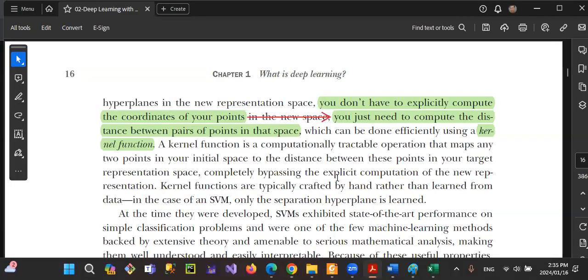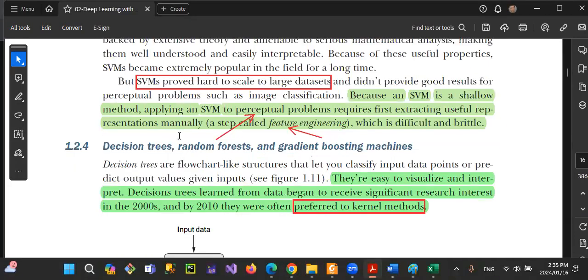By saying that, we get to the point that people started using this very much from 2000 all the way to 2010. It was kind of a go-to algorithm for all the machine learning problems.